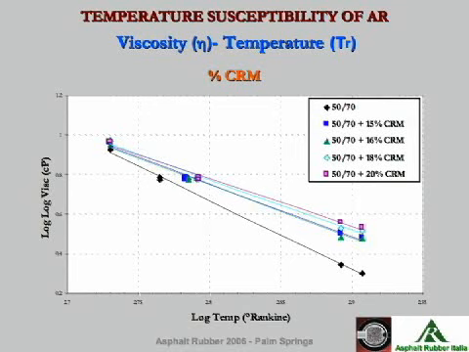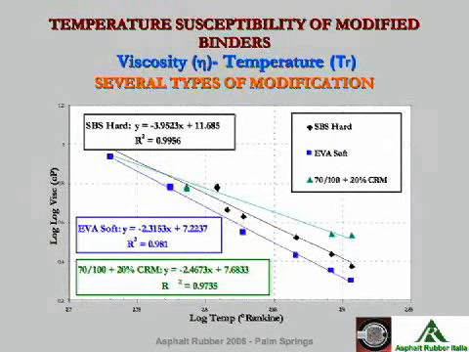So you can see here we have a natural binder, and we can see that this is very sensitive to the increasing of temperature. And here we have asphalt rubber with 20%, that is this line here. Considering several types of modification, here we have our asphalt rubber, which is, the more horizontal the line is, the less sensitive to temperature variations the binder is.